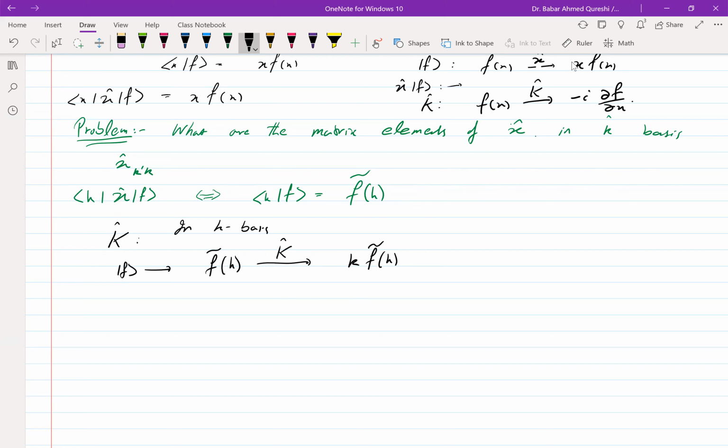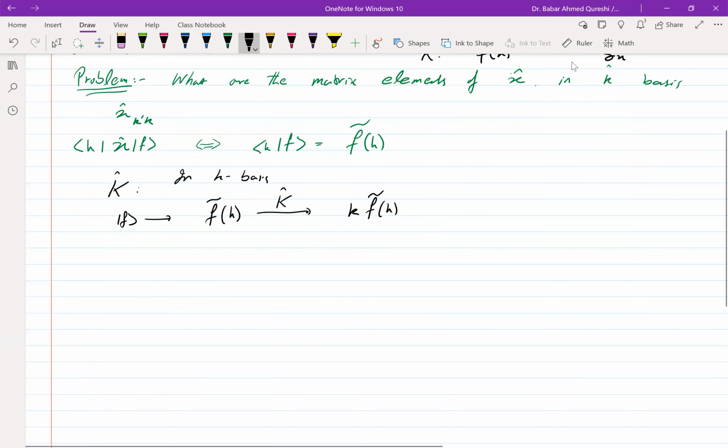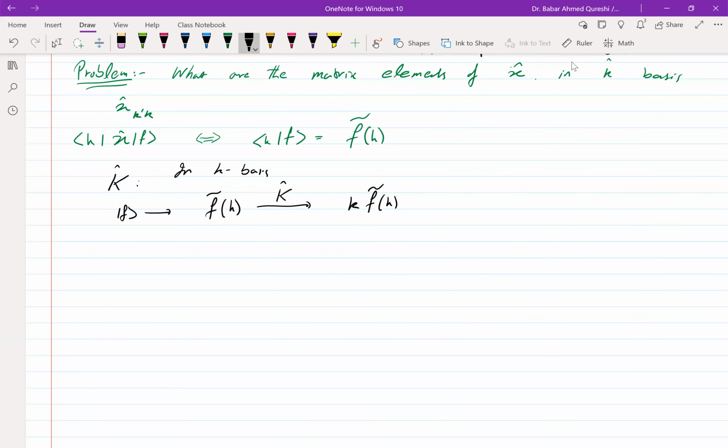So this k operator just acts like x operator in the k basis. They are complementary to each other. And we want to now see how the x operator looks like in the k basis.